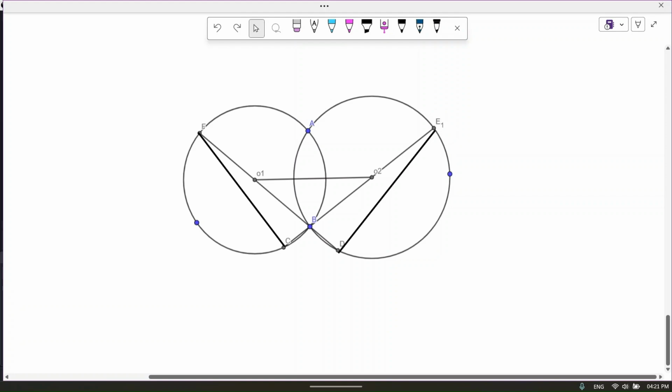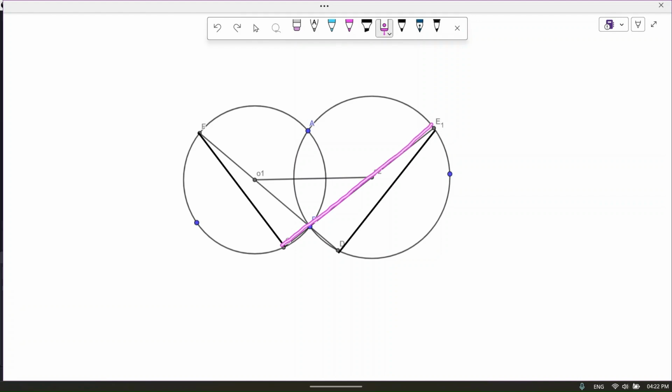Now I redraw the diagram, and this time the given line BC is passing through the center of the circle, and the given line BD is passing through the center of the circle. Now I know that points C and D are on this circle, that is the circumcircle of triangle AO1O2.